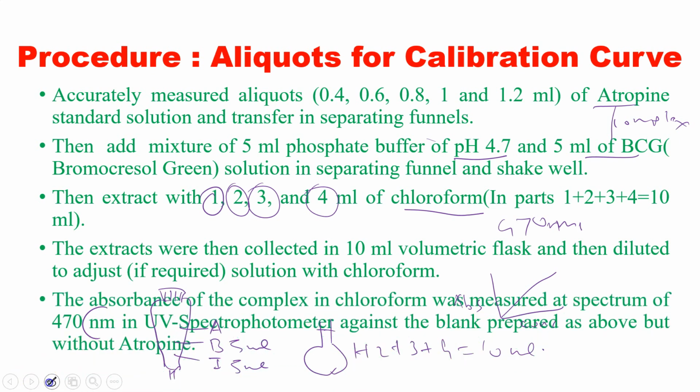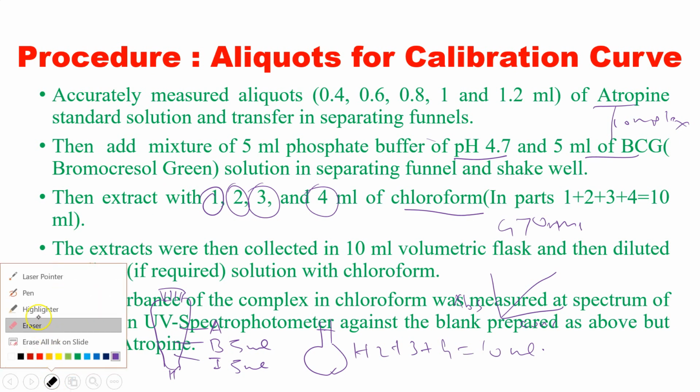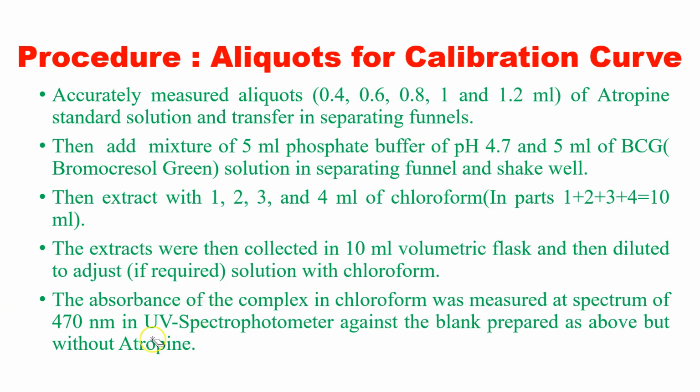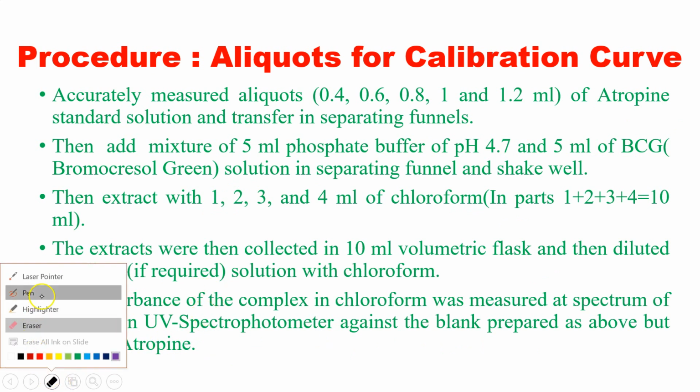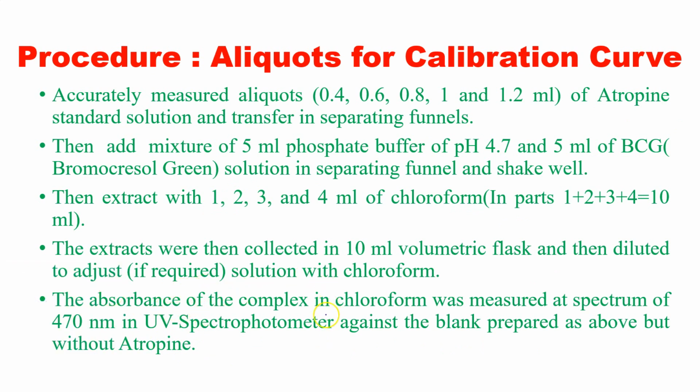And similarly, further we need to take a blank. For this blank, just remove this part of atropine, right? The remaining procedure will be the same: take 5 ml of phosphate buffer solution and 5 ml of BCG solution, and extract with 1 plus 2 plus 3 plus 4 ml.